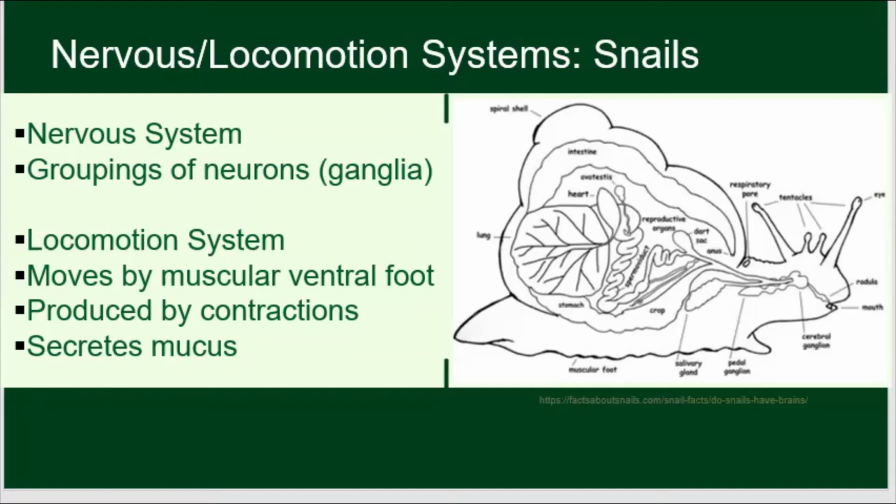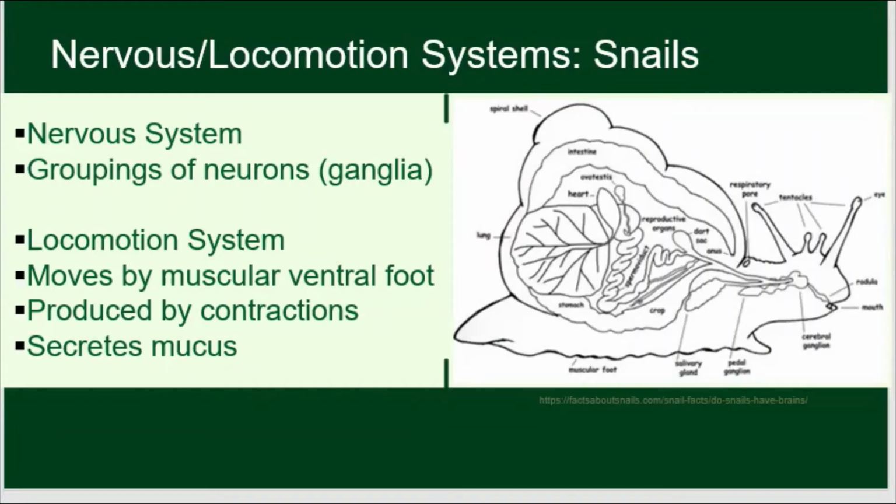The nervous system of snails is not like that of frogs, which have a brain and such. Snails have groupings of neurons called ganglia. For example, the cerebral ganglia pretty much act like a brain, controlling all the head motion of the snail, like the mouth, the eyes, and just anything around the head.